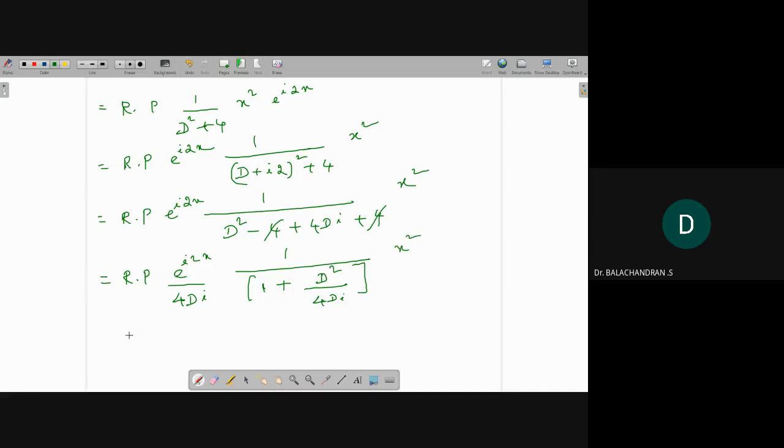Now this is equal to 1 by i, I will write minus i. Real part of minus i into e power i2x by 4D. Actually D gets cancelled. So 1 plus D by 4i whole power minus 1 into x square. Again you can write 1 by i is also minus i here.